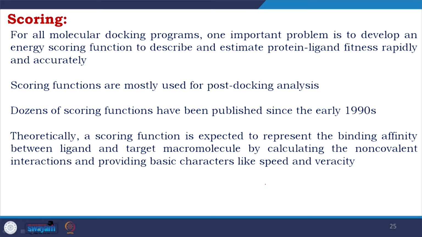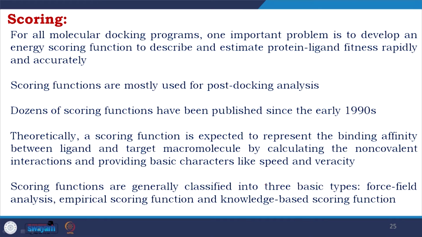Theoretically, a scoring function is expected to represent the binding affinity between ligand and target macromolecule by calculating the non-covalent interactions, the hydrogen bonds, the salt bridge, the hydrophobic interaction, base stacking, metal binding, anything, and providing basic characters like speed and veracity. Scoring functions are generally classified into three basic types: force field analysis, empirical scoring function and knowledge based scoring function.